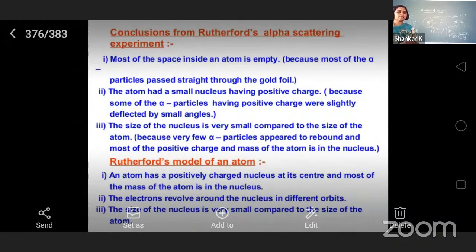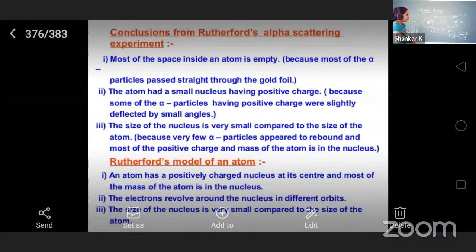So the atom has a positive charge nucleus at its center, and most of the mass of the atom is in the nucleus. Why? Because protons have more weight compared to neutrons. The electrons revolve around the nucleus in different orbits.